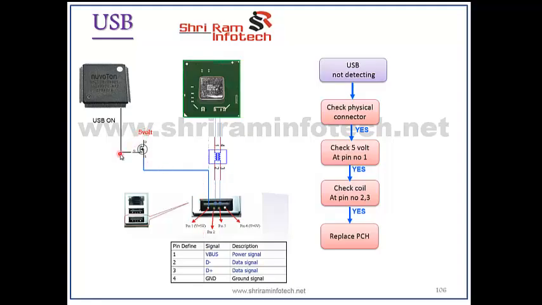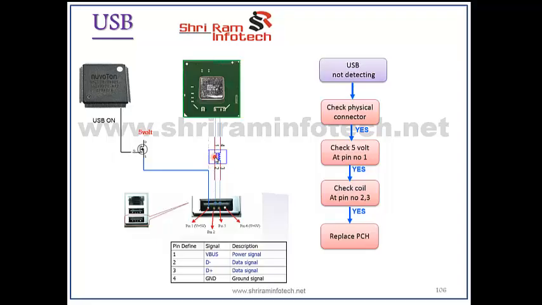In between the 5 volt suspend and the USB connector, there will be one MOSFET over there, so you have to check that MOSFET. That MOSFET may be open or something like that. So you should get 5 volt over here, and next you have to check the data lines. There are 5 connectors. These 2 lines are called the data lines. Both are bidirectional and connected to the PCH.